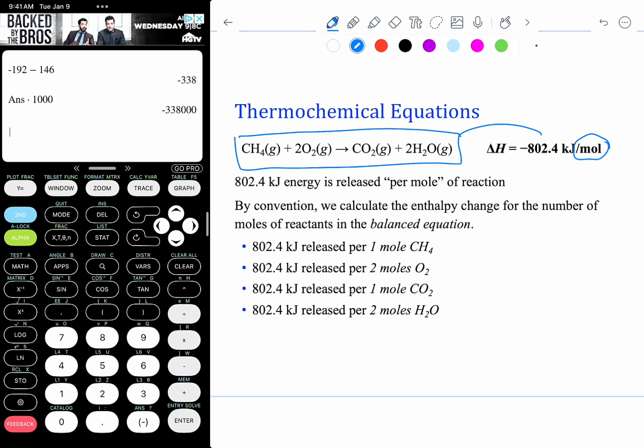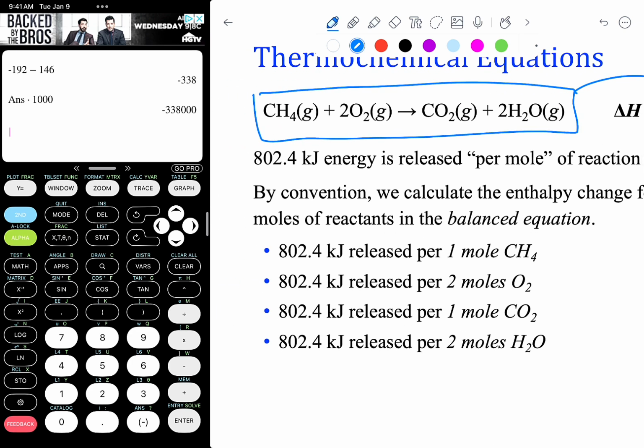Now, because this is per mole of the total reaction, we can calculate the enthalpy change for the number of moles of the reactants and the products in the balanced reaction. So not only the reactants and products.